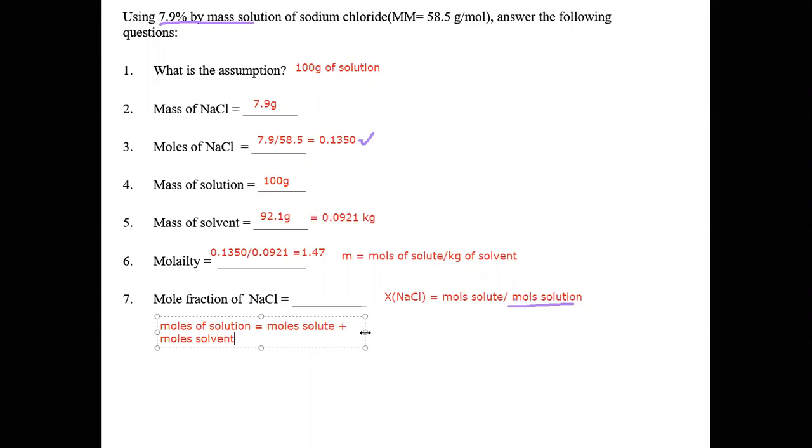So in order to find the moles of solution, we need to know the moles of solvent. And solvent here is water. It's understood. And we have the mass of solvent divided by its molar mass.